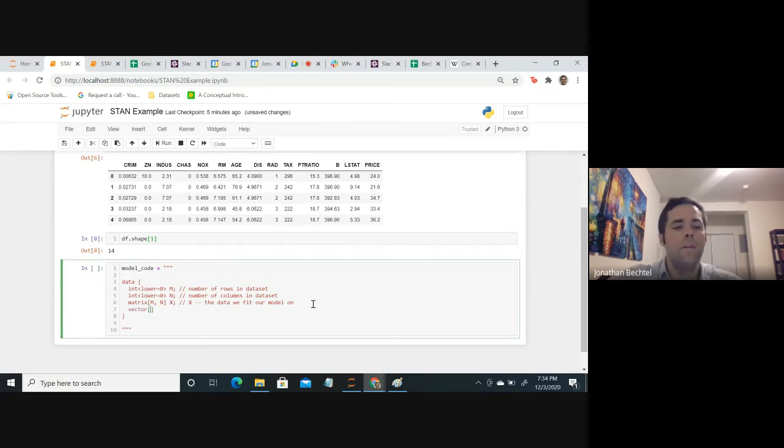And then the vector is going to be M. So Y is basically going to be a single column with M number of values. And so for what we're going to do, this is going to be it. So that's our data.